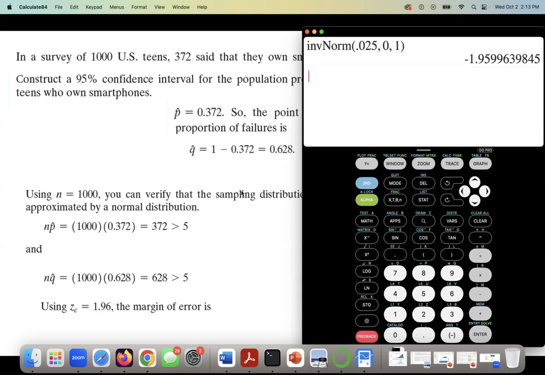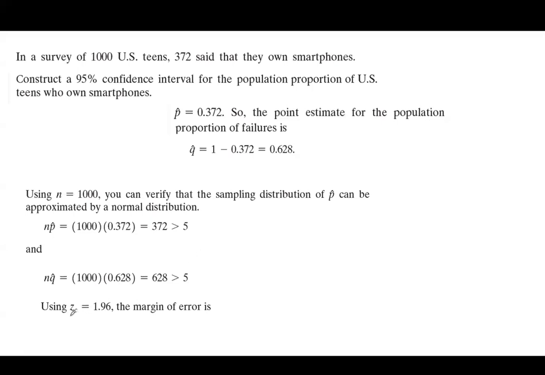So let us go back to the question itself. We found our zc, or the critical value. Now we are ready to calculate the margin of error. The margin of error has a formula. We know that we have to multiply our zc that we calculated here by the square root of p hat q hat over n.